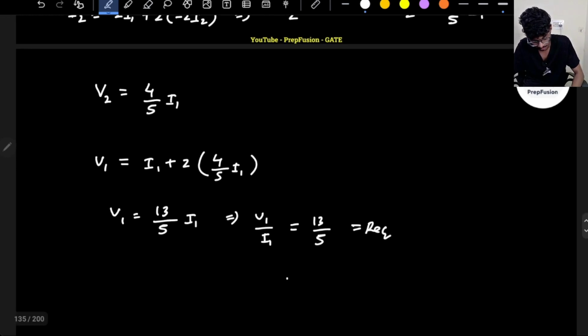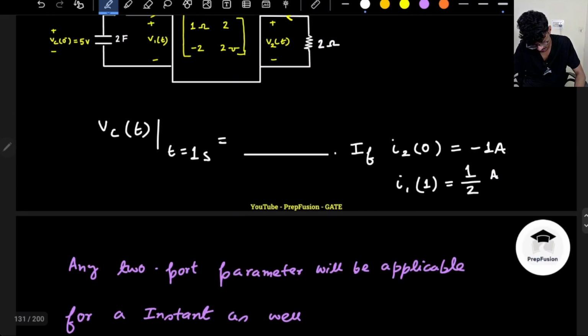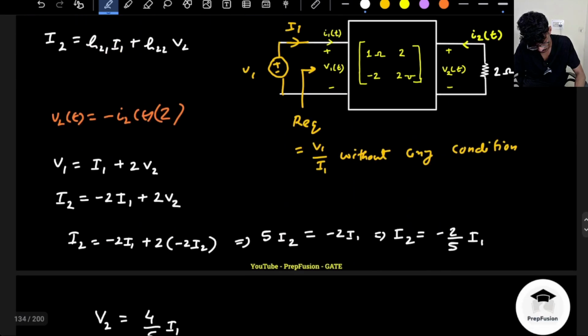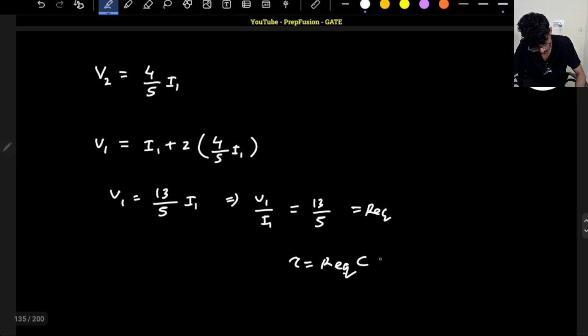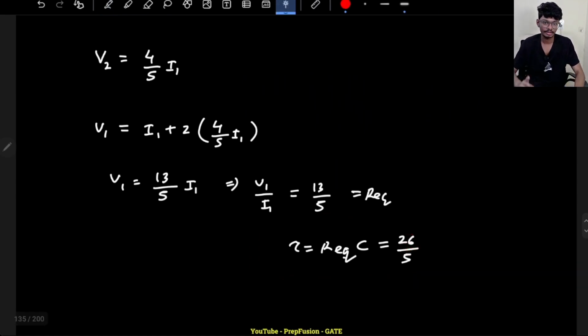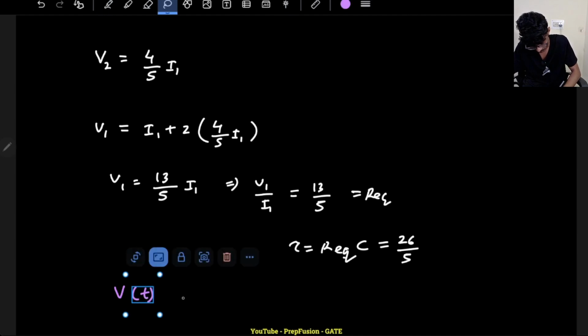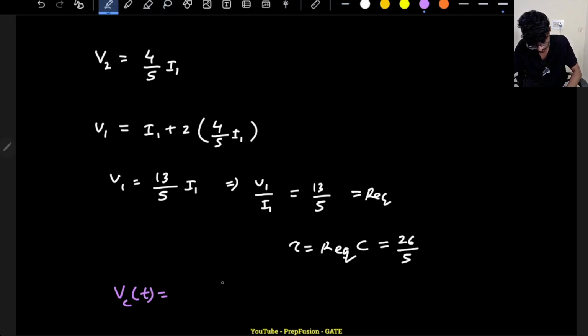So ultimately my tau will be R equivalent into C. What is R equivalent? R equivalent is this value and C is 2 farad. So it will be 26 by 5. So basically we have found out R equivalent. So now I can simply find the value of voltage. What will be the voltage? Voltage Vc of t is very simple.